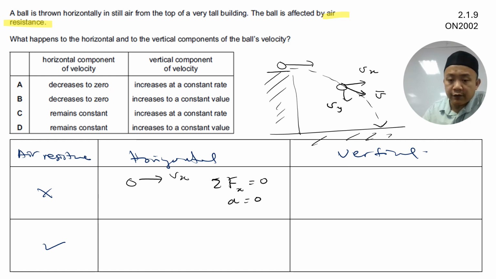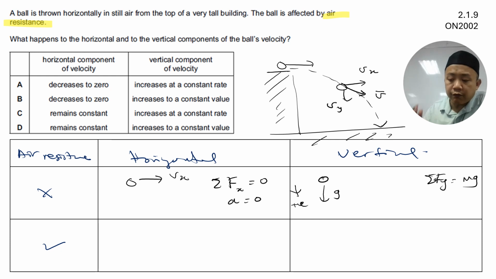For example, when the ball is falling downwards, assuming the downward direction is positive, you will have gravity. So the net force would just be equal to mg, which is the gravitational force acting on the ball moving downwards. But what happens in the horizontal component?